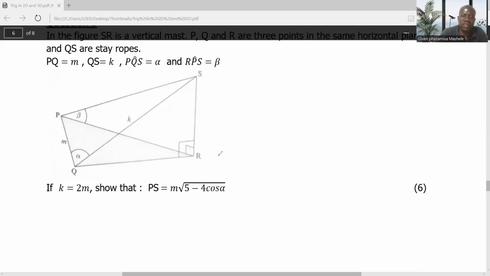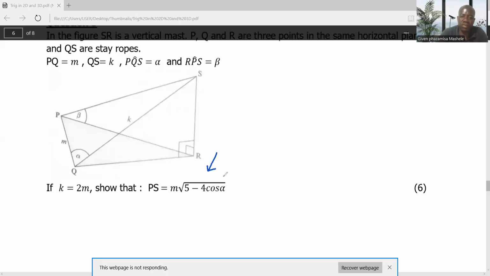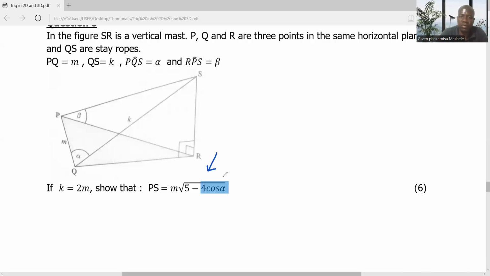The root sign is an indication that you have to use the cosine rule. But don't forget, remember, you isolate your triangles. You try to prove it on your own.